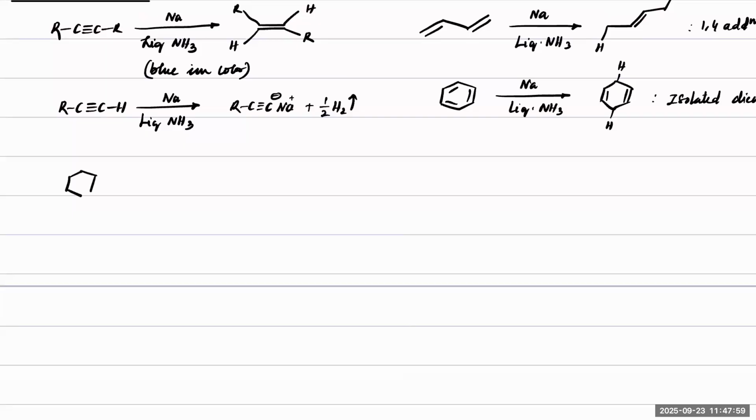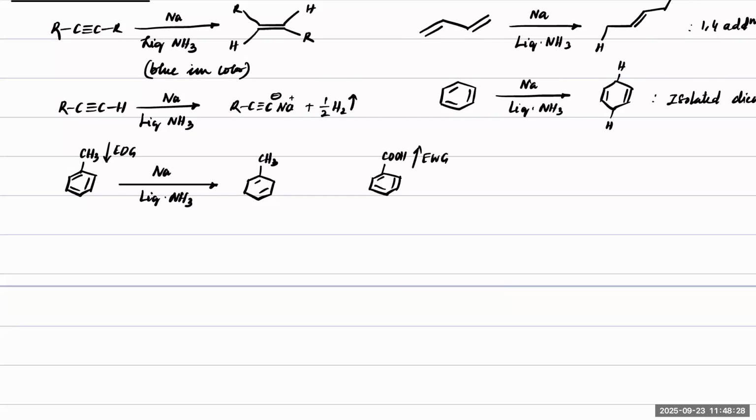Within that, there is an application: by chance if you have CH3, here CH3 is an electron donating group. So if there is any electron donating group and then you react with liquid ammonia, you will get a double bond formed like this, isolated double bonds existing this way. But if you have a withdrawing group like COOH, which is an electron withdrawing group, then with Birch reduction, sodium in liquid ammonia, this will give you isolated double bonds this way.